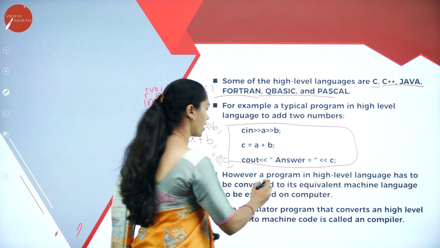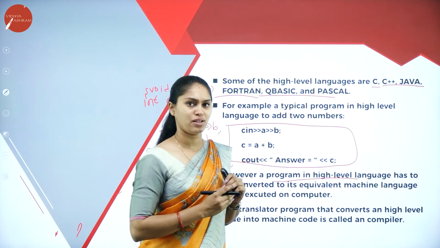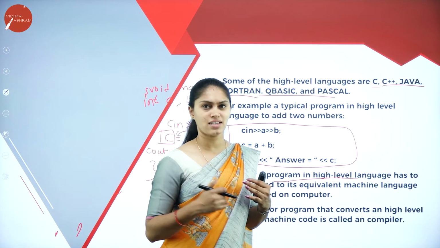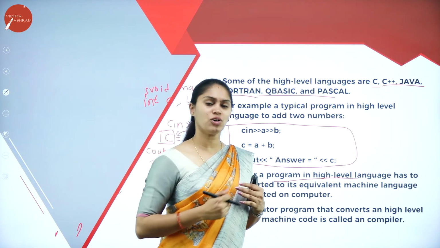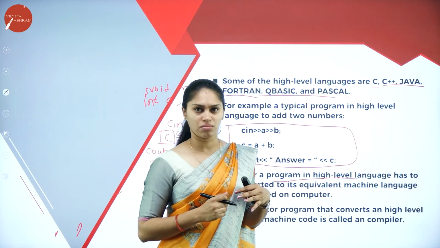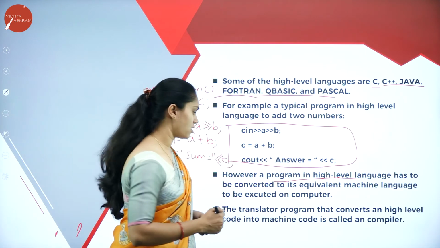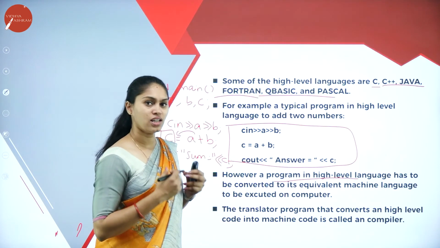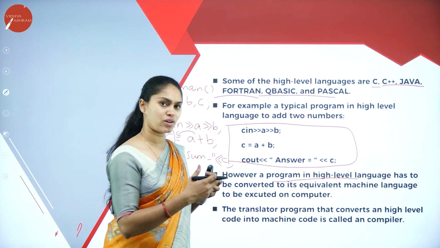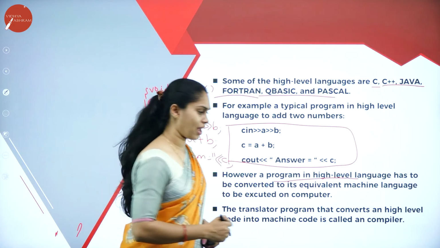So this programming level language has to be converted into machine understandable language. The computer doesn't understand the symbols or any of the English words. It has to be converted into machine understandable form. Okay, that you have to remember. For that we require a compiler. The compiler will do the conversion from higher level programming languages into machine level understandable programming language.